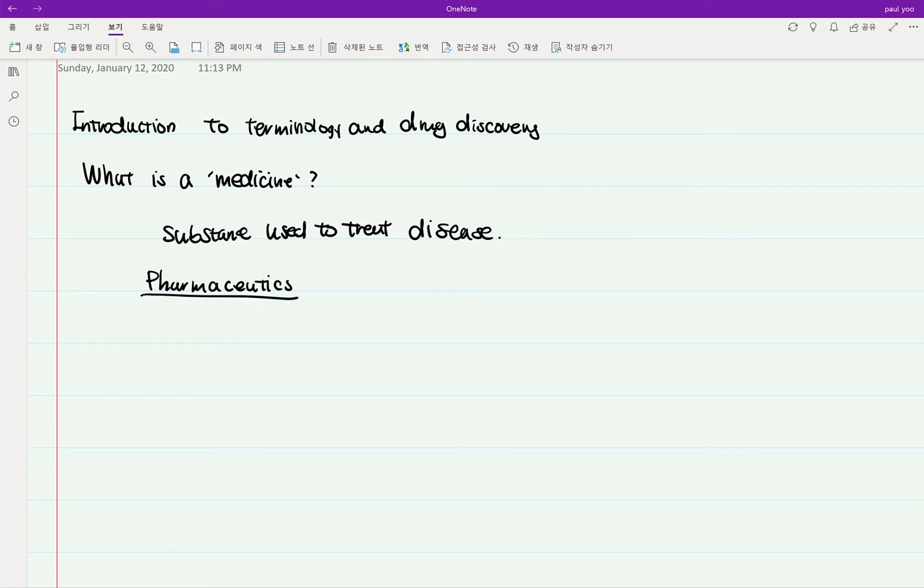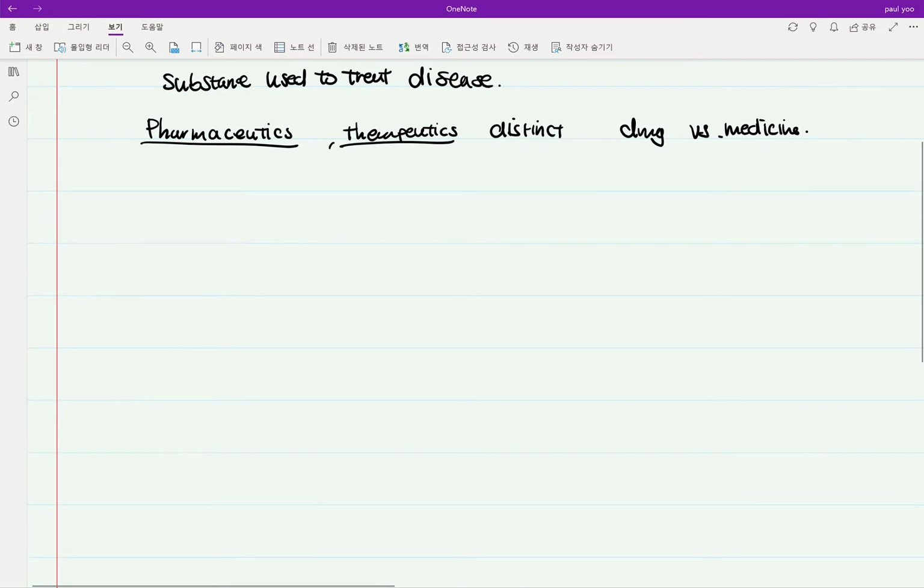The difference between drug and medicine: a compound that interacts with a biological system and produces a biological response could be either drug or medicine.